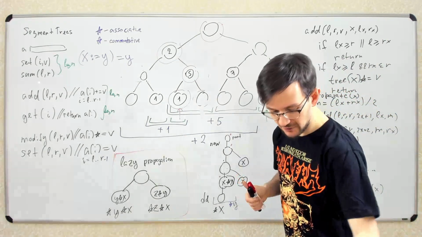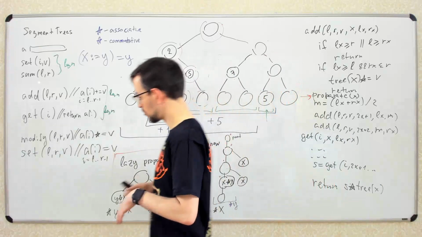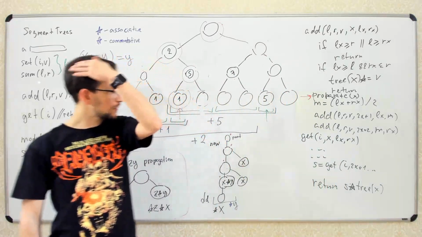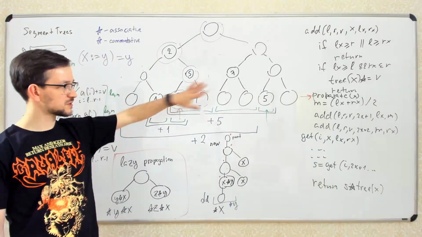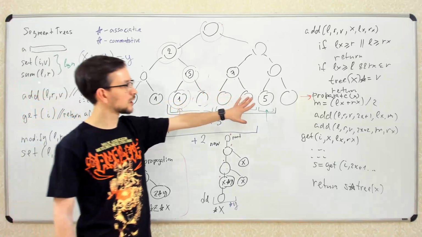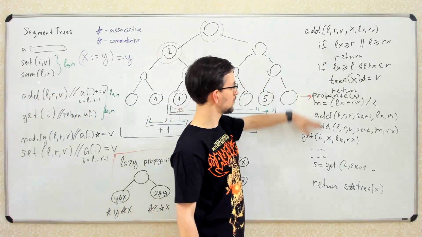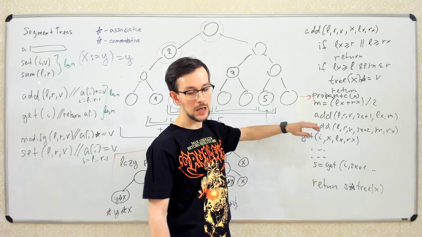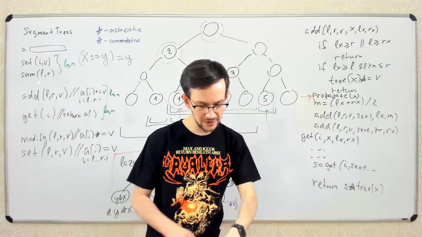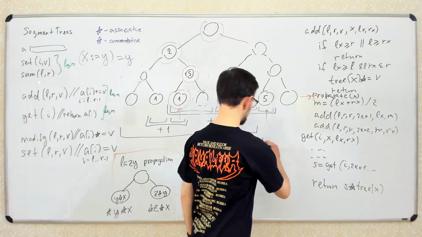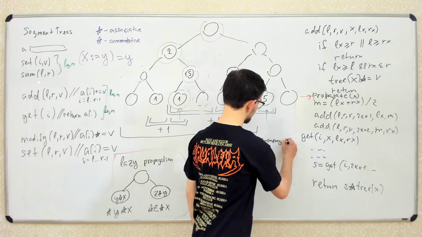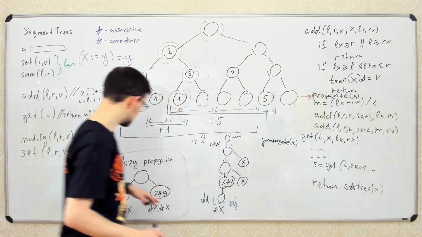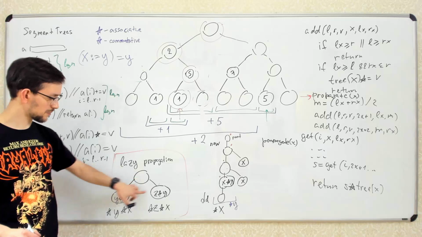Now, the implementation is very simple. If your implementation is hard, you're doing something wrong. This is basically the whole implementation of this function, and this propagation is a very simple function. When you call propagate, you simply take this value from here and apply it to both children.